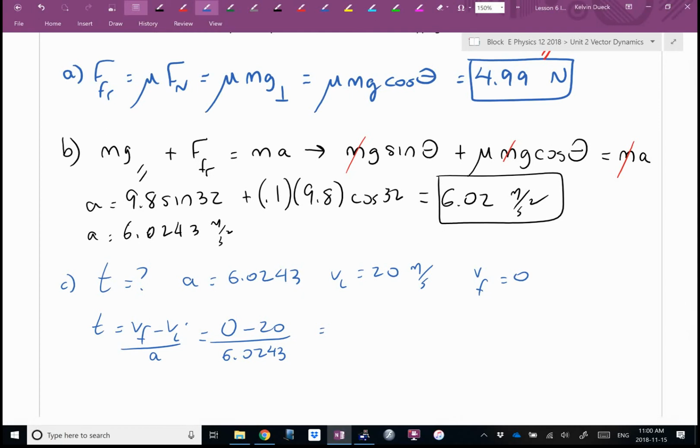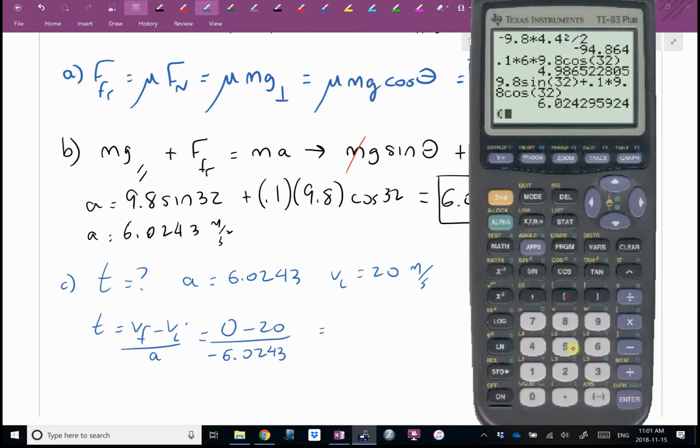Time can't be negative. We must have done something wrong. Okay, now we went back to the last unit, and in the last unit, if we were slowing down, how would we have described that acceleration? We will have to add our own negative there. Or, to be honest, if you're really lazy, you could say, I forgot to add the negative, and just take the positive value for time.